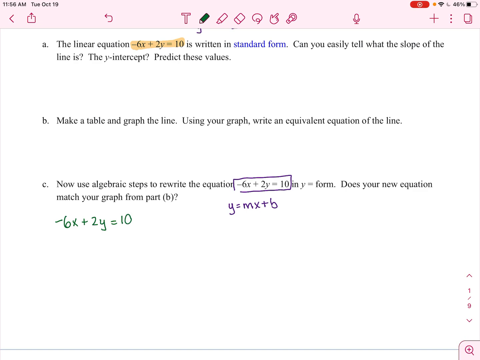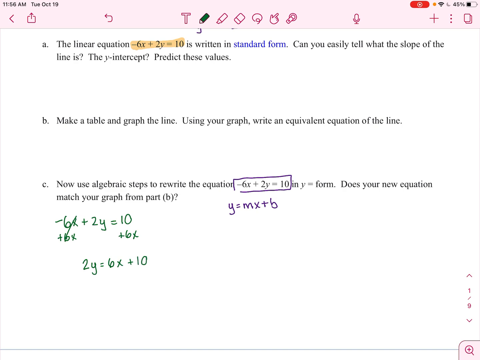Let's get rid of this negative 6x on the left-hand side so that we can solve for y. Because it's a negative 6x, I'm going to add 6x to both sides of my equation. So now I have 2y equals, I'm going to put that 6x before my positive 10 to get it into the proper form.